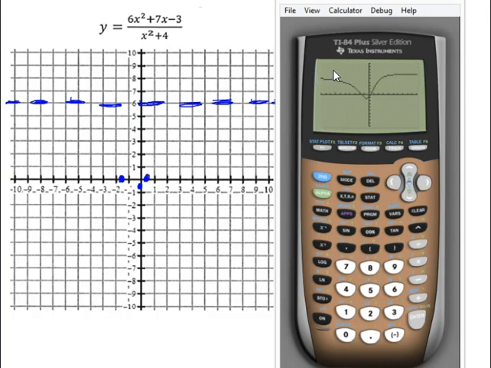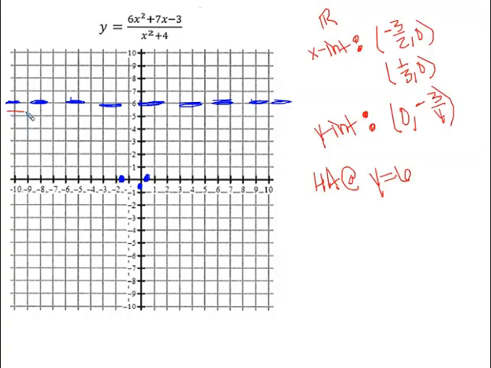Notice how it's leveling off at 6 up here, and we come down, go through our x-intercept, then our y-intercept, and then our x-intercept. So if we mimic what our calculator looks like, going through those specific points, coming back up, and then leveling off again, there is the graph of our rational function.